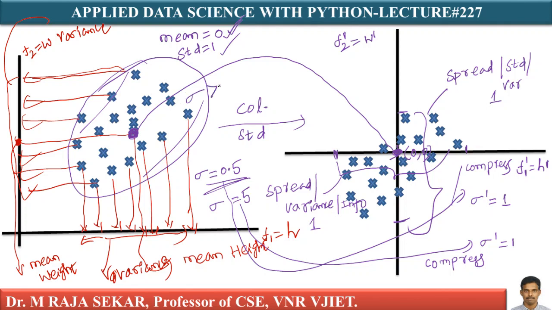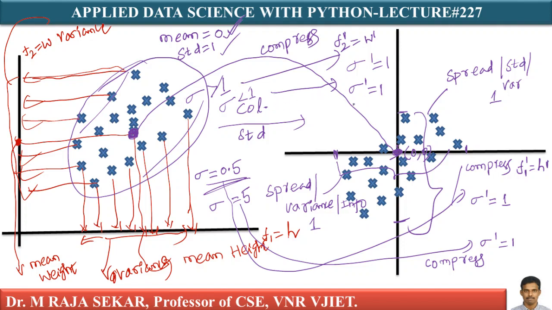If sigma is greater than 1, I will compress so that sigma dash equals 1. If sigma is less than 1, I will expand so that the transformed data's standard deviation, sigma dash, is 1, depending on this.